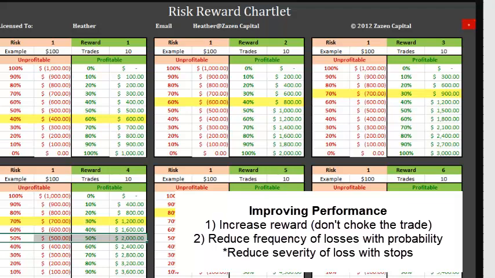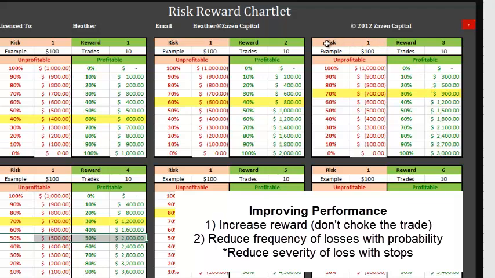Another thing that you can do is try to reduce your number of losses. That can be done by refining your ability to assess probability of a trade. It might include something as simple as not getting in early, actually waiting for the proper entry trigger or signals before you get in. By simply having one less losing trade, that can also improve your performance.